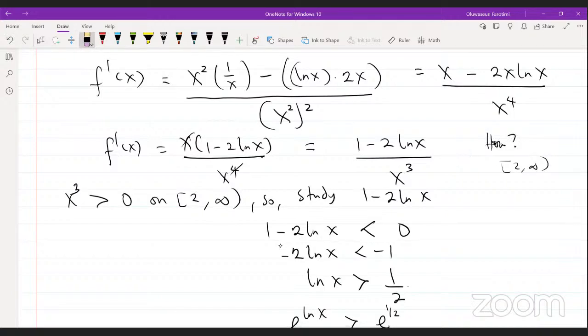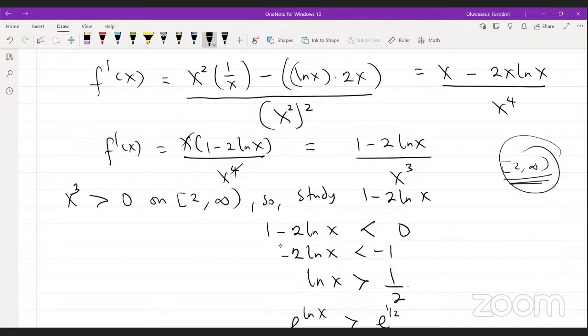So to show that, I have to discuss this rational function, discuss the bottom, and discuss the top. So I pick the bottom. Within the given interval 2, infinity, this guy on the bottom is always positive. So what am I left to do? That means the only thing that can determine if the first derivative is negative or not is the numerator.